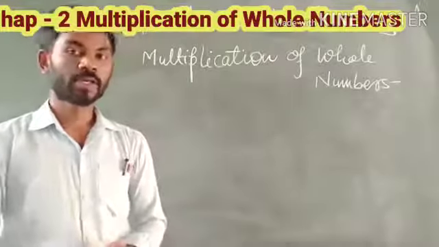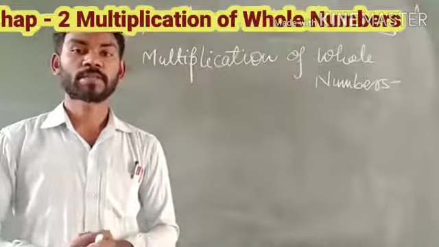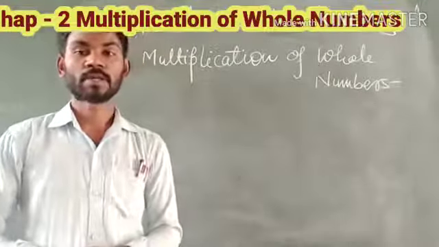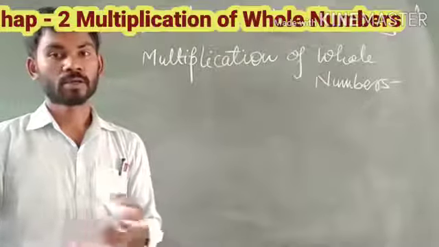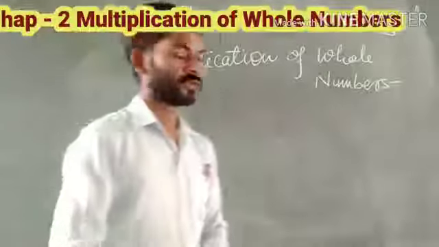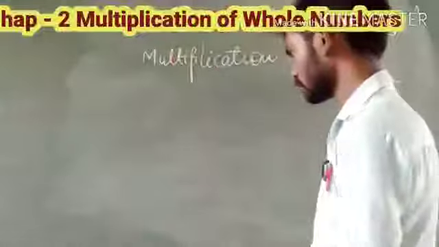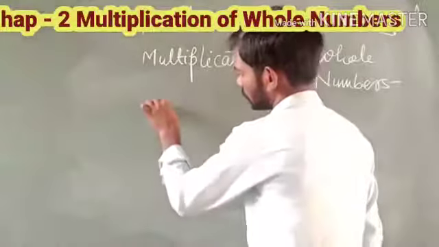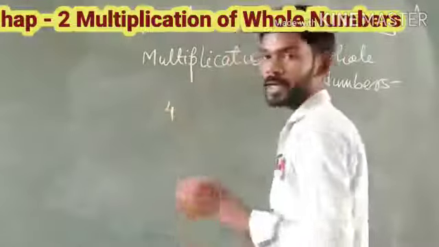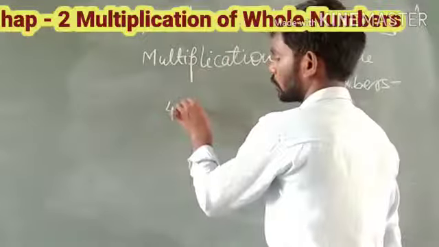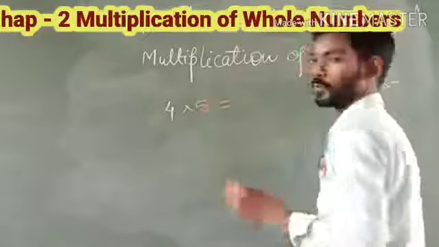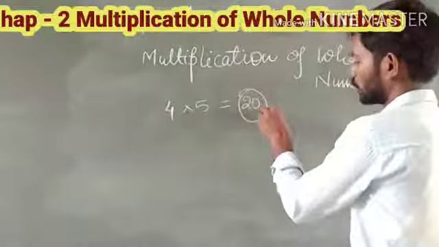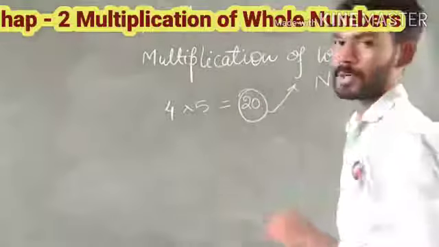So today let us see what is the multiplication of whole number and what are the properties followed by this whole number. As we know, when any whole number, suppose 4, is multiplied with any other whole number, then the product that we get is also again a whole number.